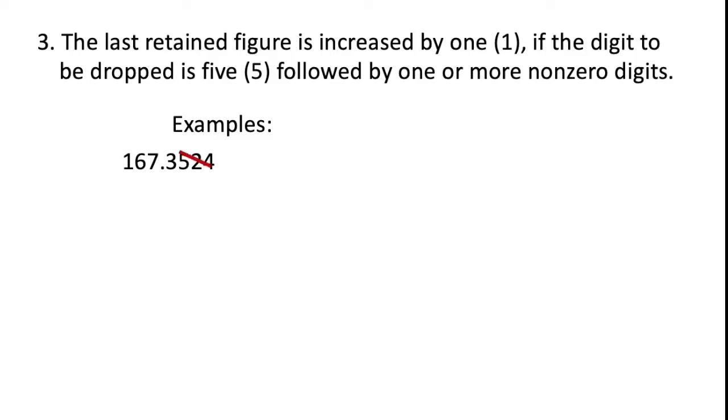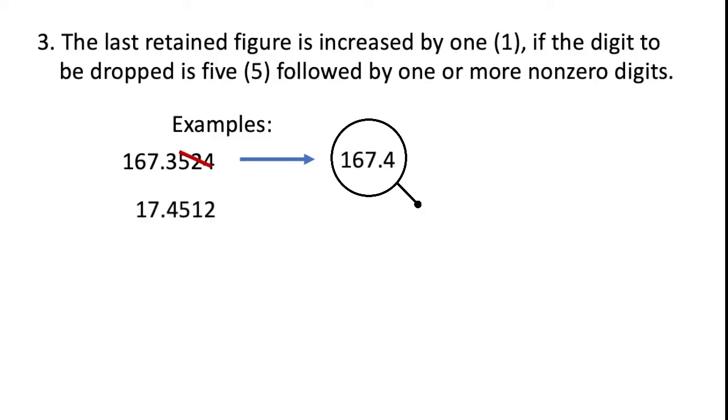So it means that this rounding off will follow rule number 3, because 5 is followed by 2 or more non-zero digits, which is 2 and 4. So 5, 2, 4. So what will happen? The last retained figure, which is 3, will be increased by 1, so it will become 4.